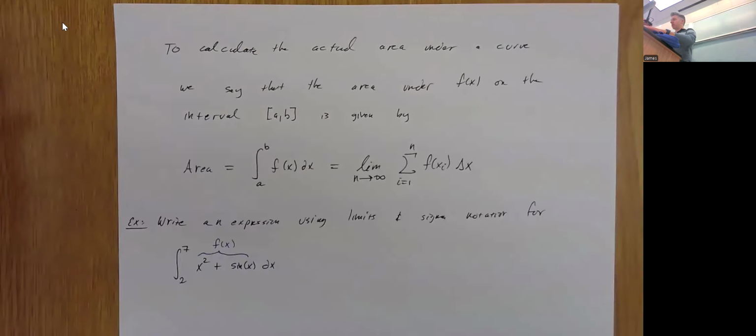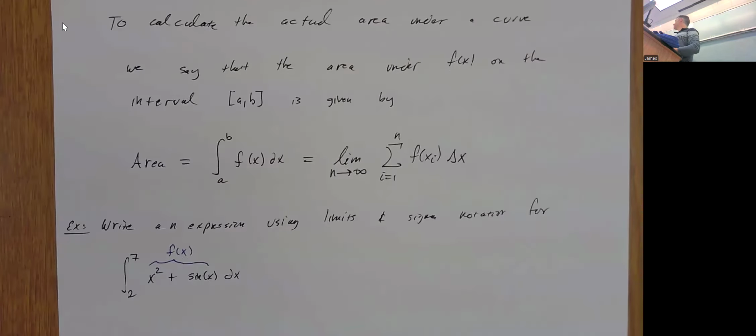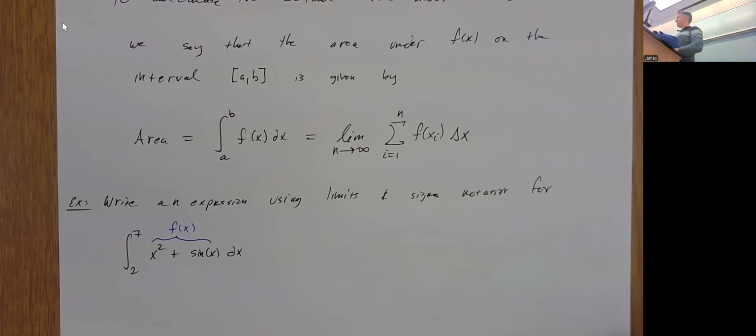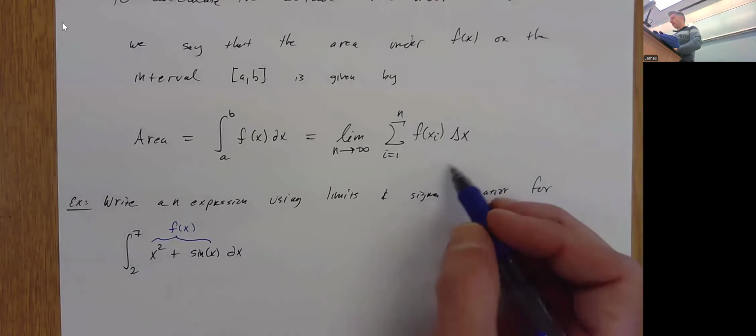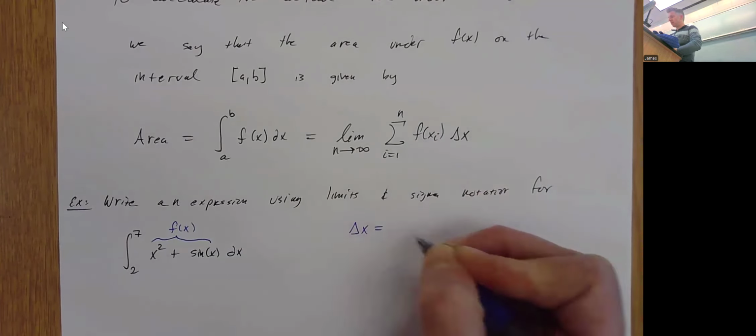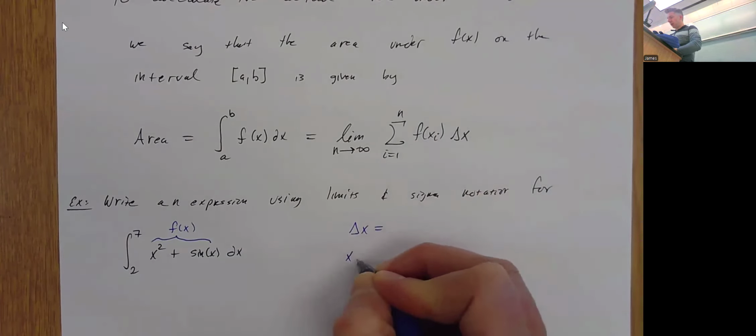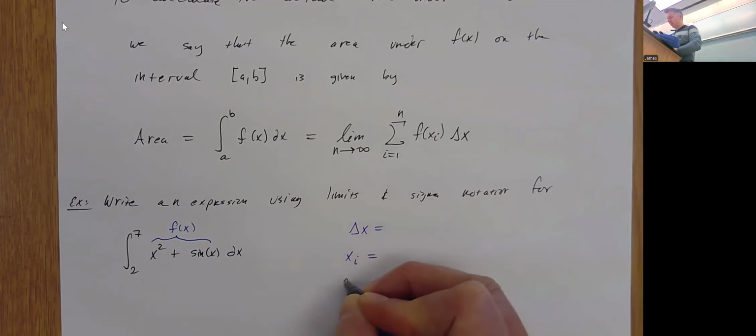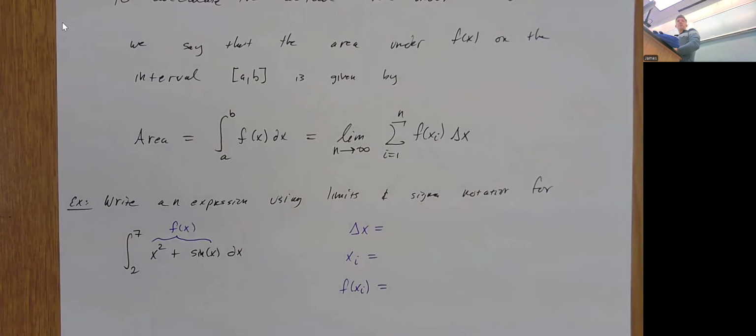It's x squared plus sine of x. So that's going to be our f of x. We have to identify a couple things for this. We need to know what our delta x is, what our x sub i is, and what our f of x sub i is. Those are the three things we really need to make this work.